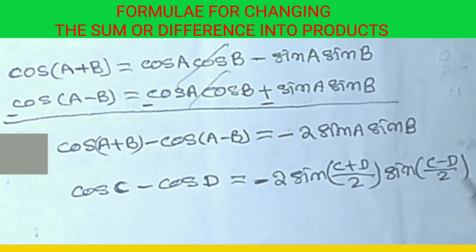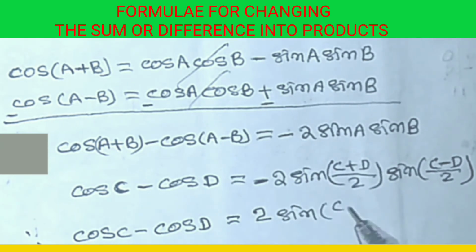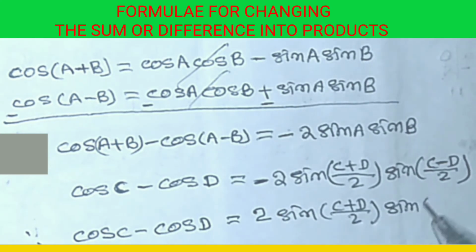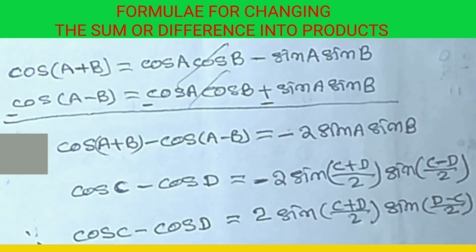Therefore cos C minus cos D is equal to, making positive, exchange C minus D, we will get minus common, minus of minus plus, 2 sin C plus D by 2 sin D minus C by 2. Therefore cos C minus cos D is equal to 2 sin C plus D by 2 sin of D minus C by 2.